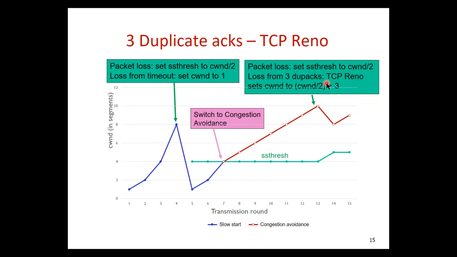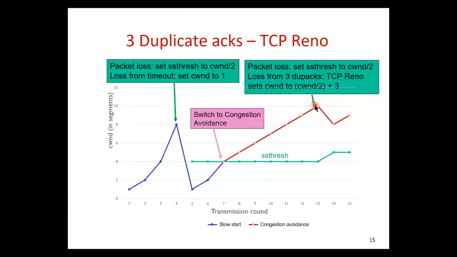Because in the case of timeout, everything is lost while nothing came back. In this case, the sender received 3 duplicate acks, so the acks went through, and these 3 duplicate acks were triggered by the reception of 3 packets. So there were 3 packets that went through that triggered the 3 duplicate acks.